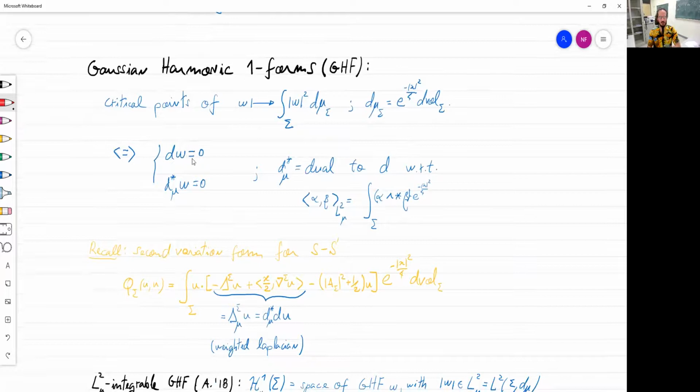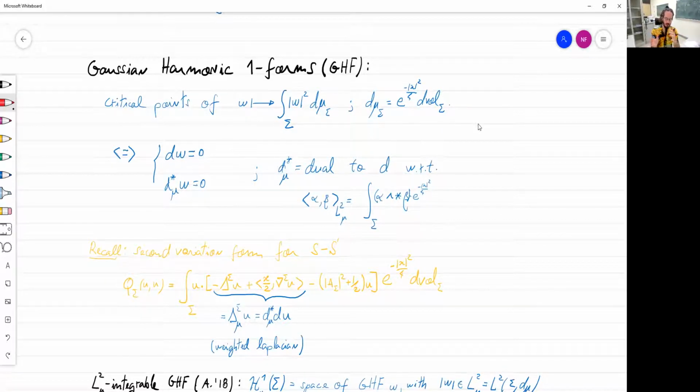And this is equivalent to saying that d omega is equal to 0, so it's a closed one form, and co-closed one form, but this is a weighted co-closed operator. So it's the dual to the differential operator with respect to the L2 weighted norm, this one. But there are just two differential equations, right? Okay, so Gaussian harmonic forms come naturally in that sense.